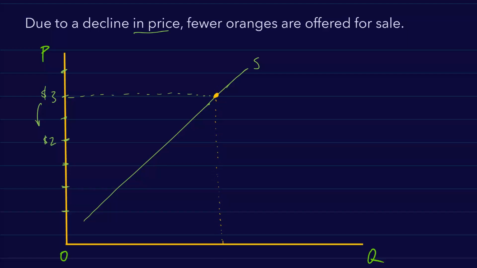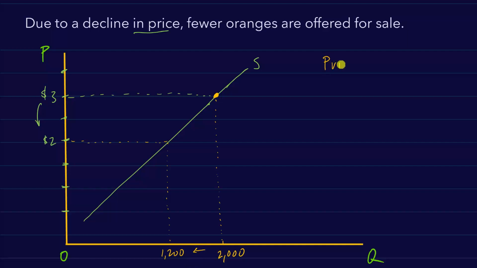Let's say that at this price, producers were willing and able to supply 2,000 pounds of oranges per week or month or whatever it is. The price drops to $2. So here they're going to change the quantity supplied to, say, 1,200.